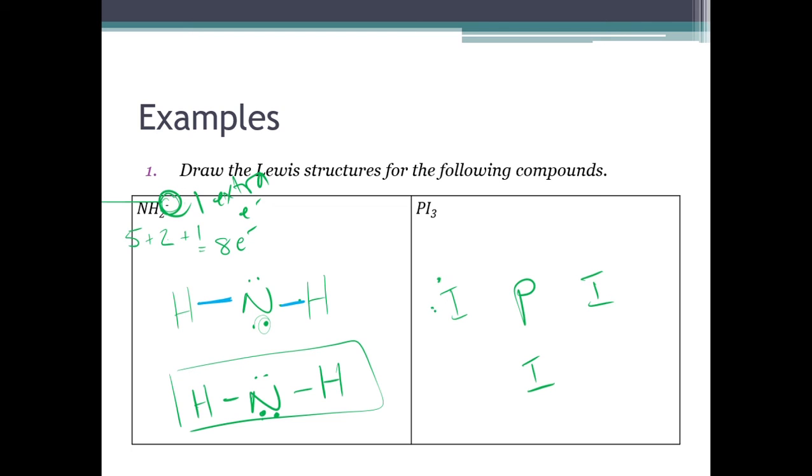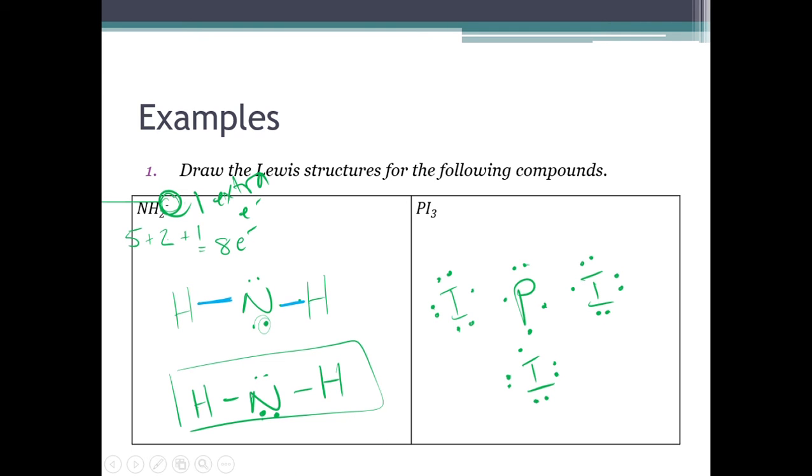So we'll draw 1, 2, 3, 4, 5, 6, 7 on each of our iodines. And then phosphorus should be 1, 2, 3, 4, 5.